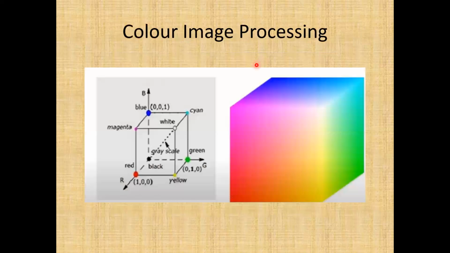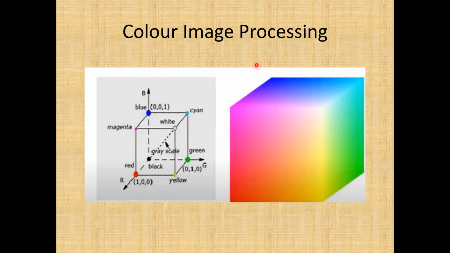The next fundamental step in digital image processing is color image processing. This is one of the most commonly used image processing techniques nowadays, because we are no longer interested in grayscale images.